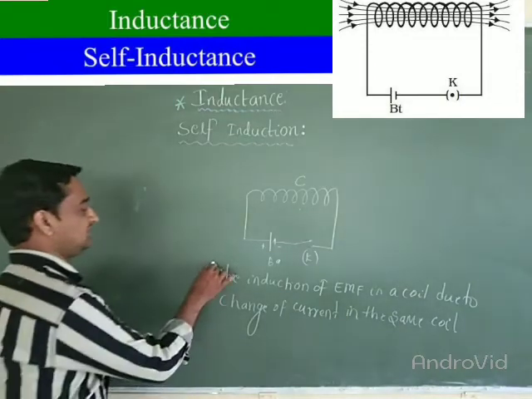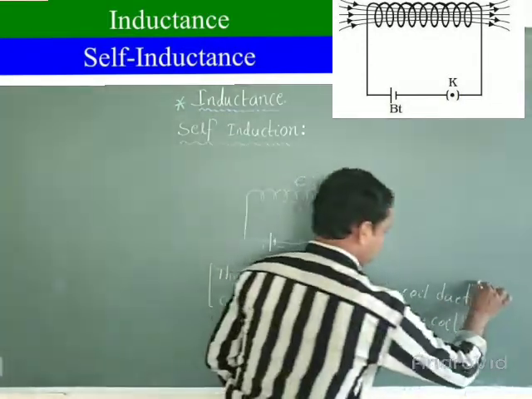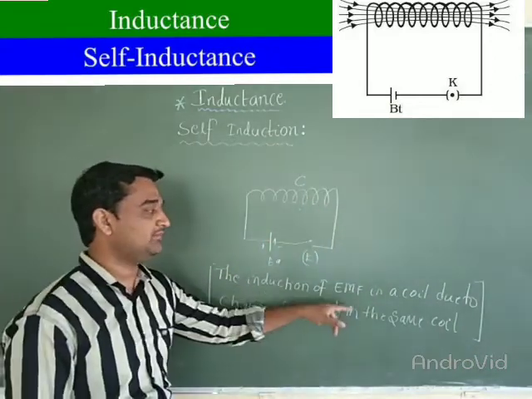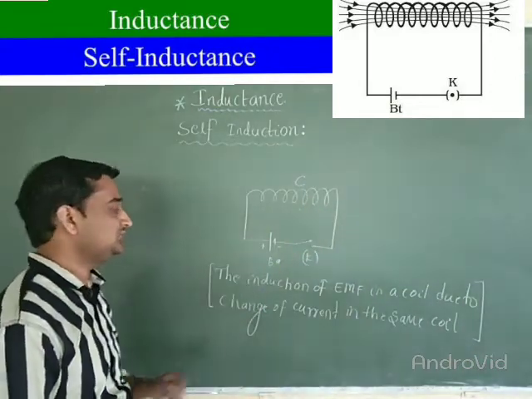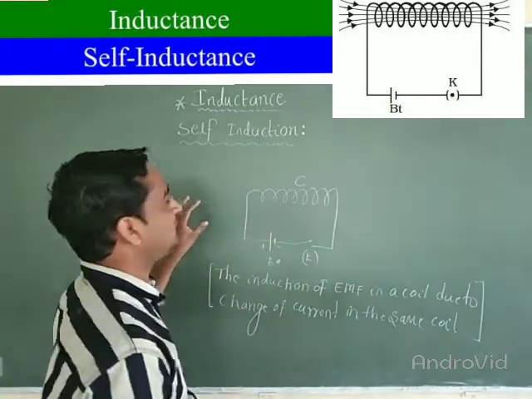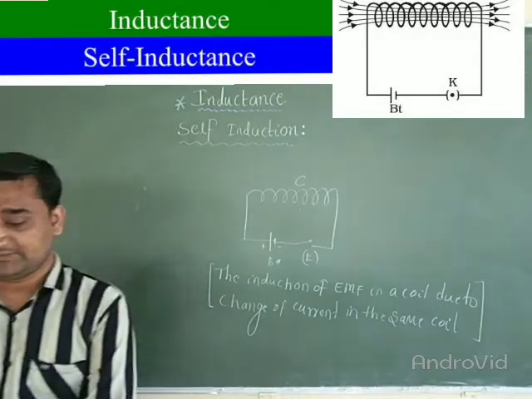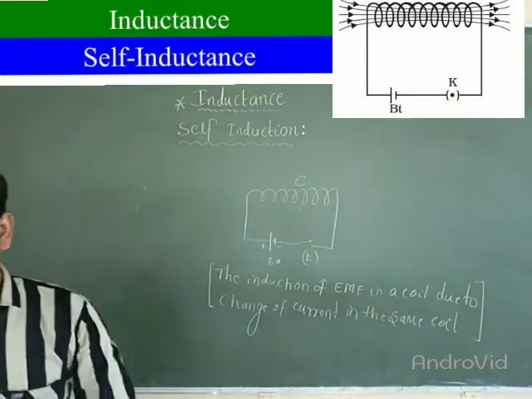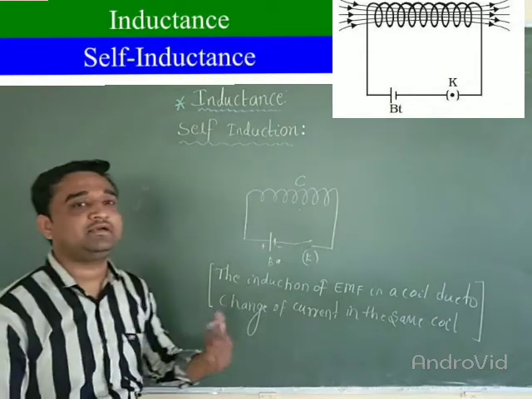Self-induction. What is self-induction? The induction of EMF in a coil due to the change of current in the same coil. This phenomenon is called what here? Self-induction. And the induced EMF always opposes the growth or decay of current.